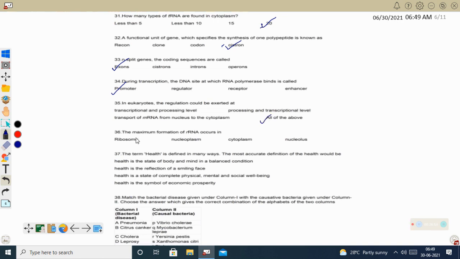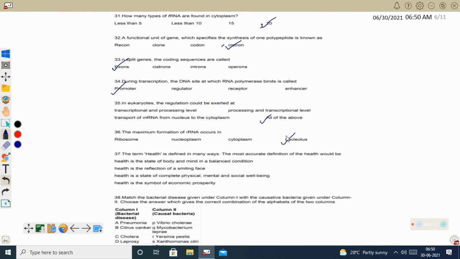Okay, next question, maximum formation of rRNA occurs in, we have studied the active synthesis of rRNA and ribosome. It occurs in the nucleolus region. Nucleolus is a densely stained region inside the nucleoplasm near the chromosome end, where the nucleolar organizing region is, where rRNA synthesis occurs actively.